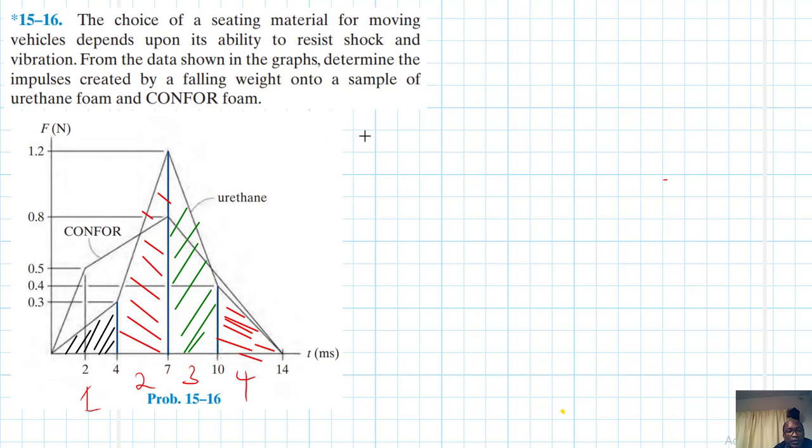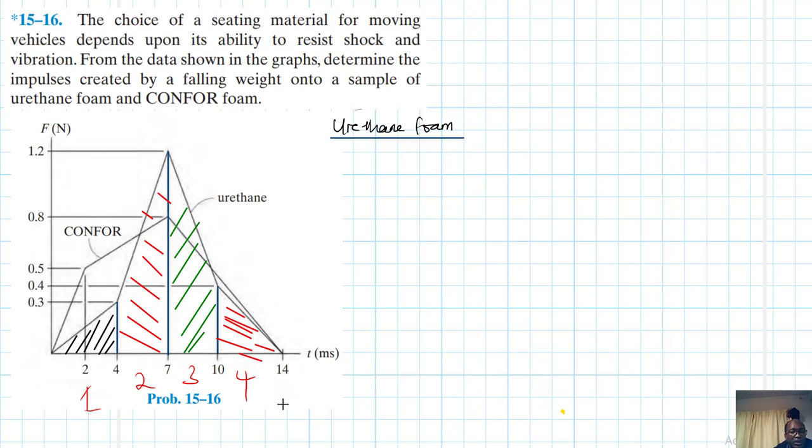So we are dealing with the urethane foam. We said it's the area under this curve, which we can calculate.